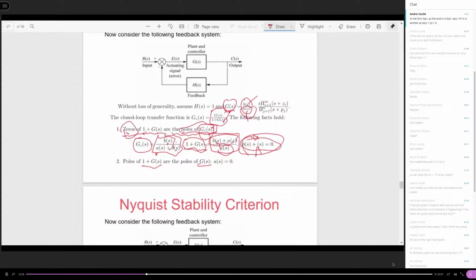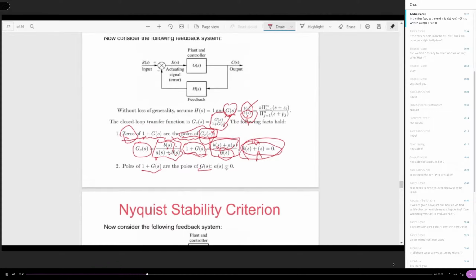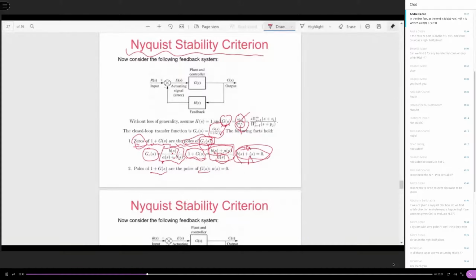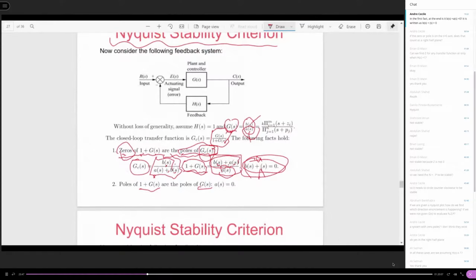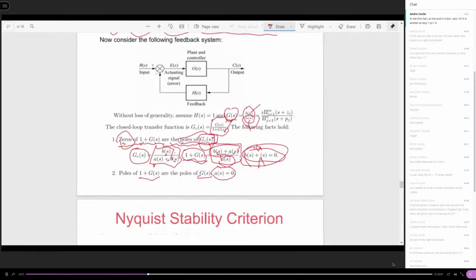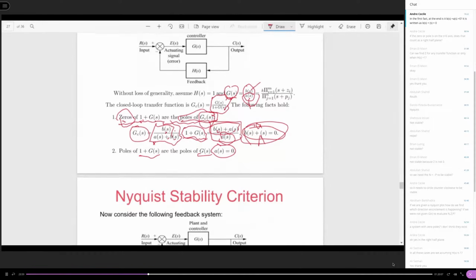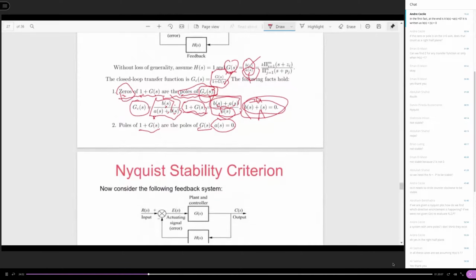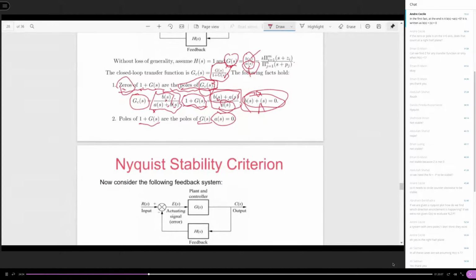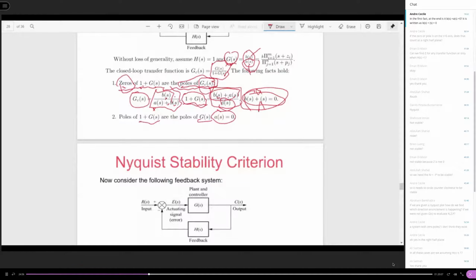So these are the open loop poles, and they can be obtained by solving the polynomial equation a of s equal to 0. So these two hard facts hold. Does anyone have any question about these two facts? No question, understood, accepted.